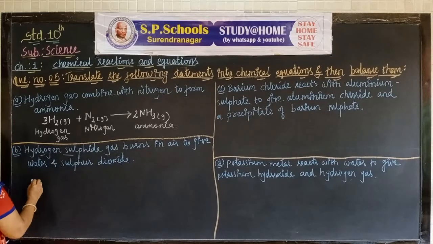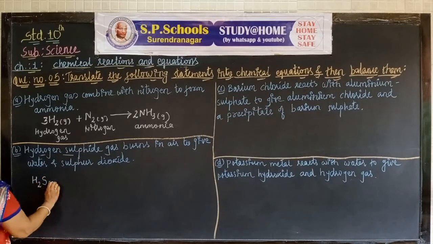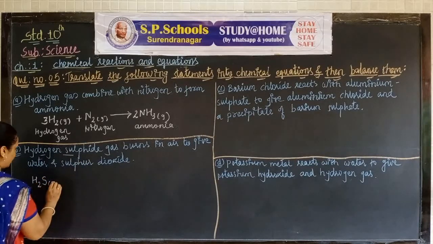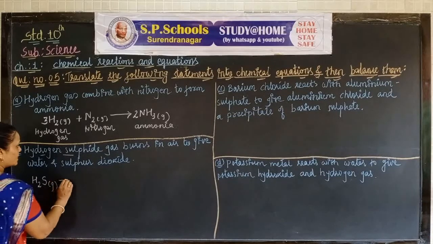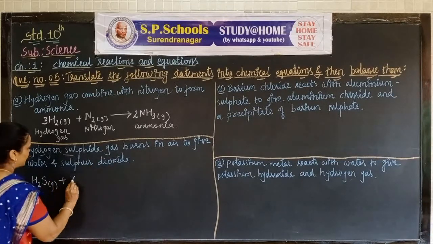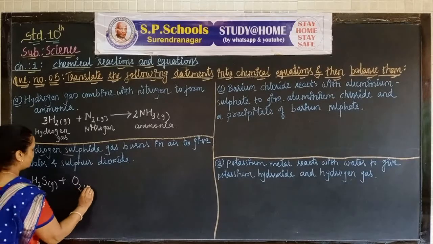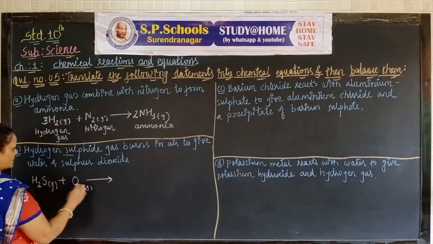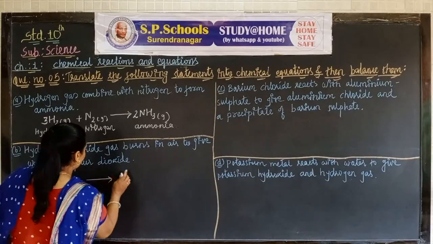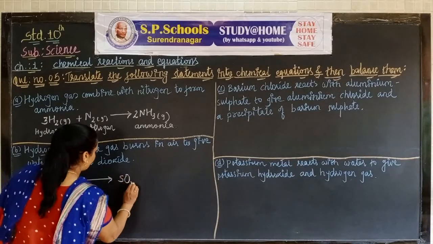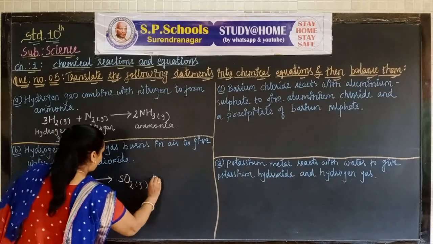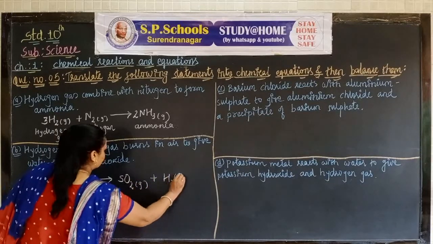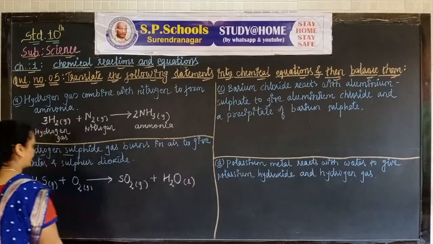Let's write formula of hydrogen sulfide, H2S, which is gas form, so g. Burns in air, so we write oxygen here and gives us water and sulfur dioxide. We put sulfur dioxide first and then water in liquid form.